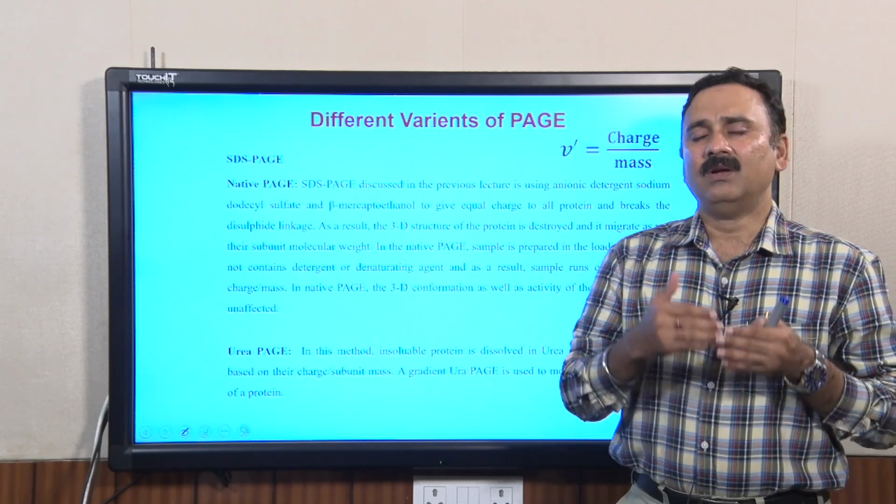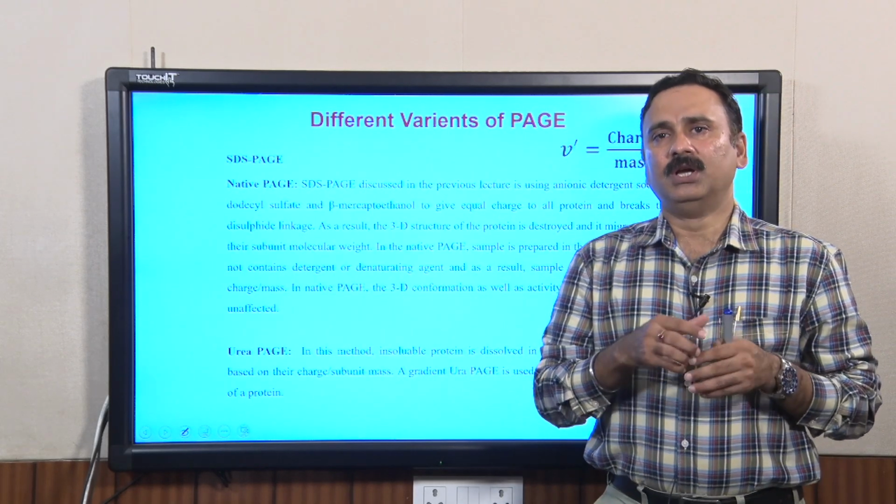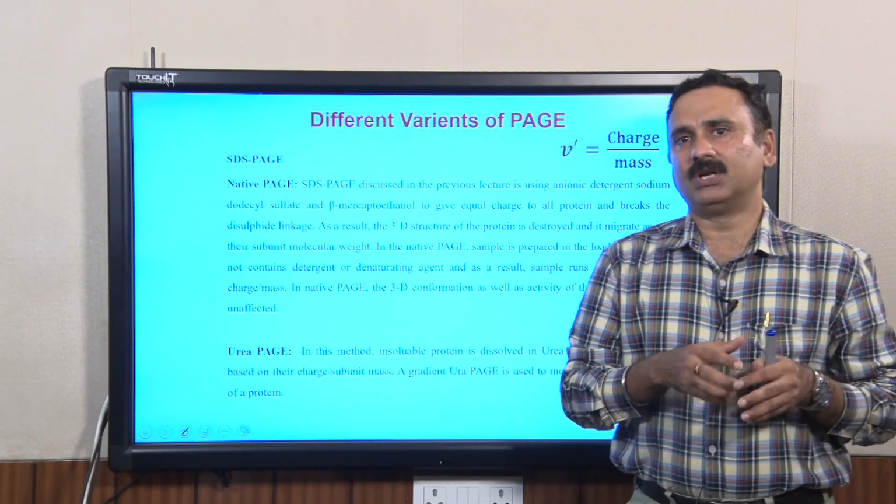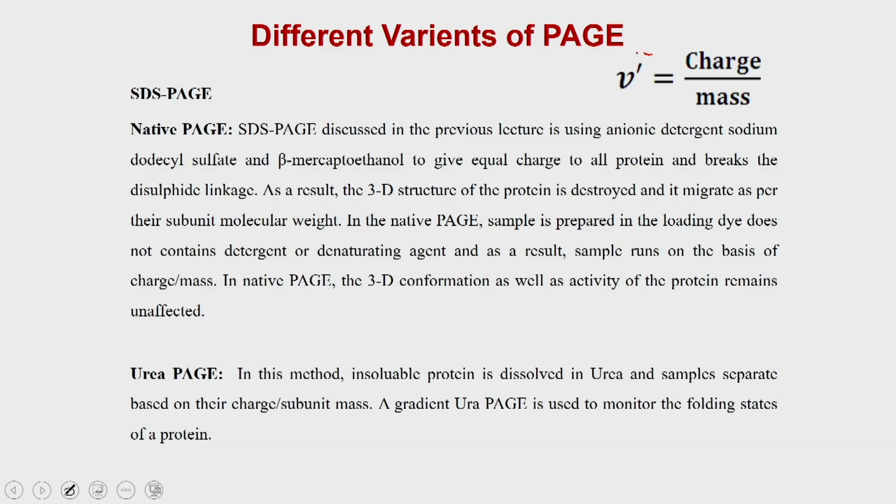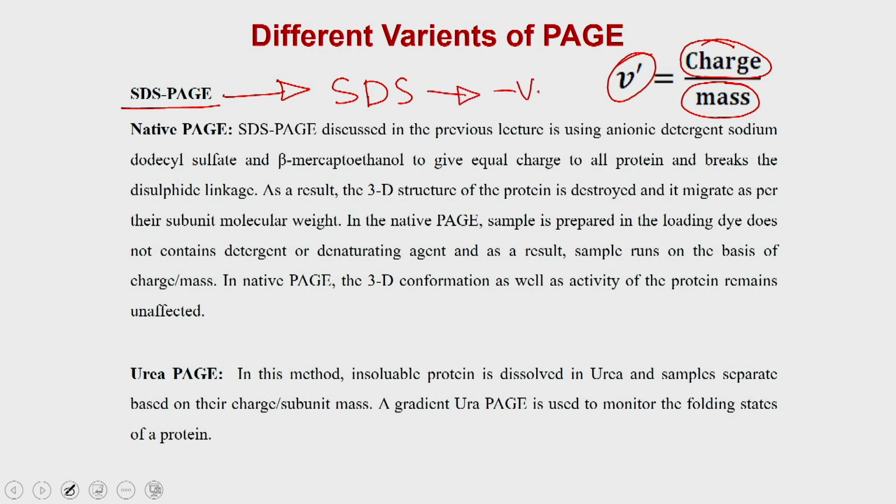On the other hand, the SDS is also providing the negative charge to the protein. Because of that, when you are performing SDS-PAGE, as we have discussed in the previous lecture, the electrophoretic mobility is directly proportional to the charge by the mass. But within SDS-PAGE, the SDS is going to give the negative charge to the protein, so the charge portion is going to be equal for all the proteins. As a result, when you perform SDS-PAGE, first of all the protein's three-dimensional structure is going to be broken down.